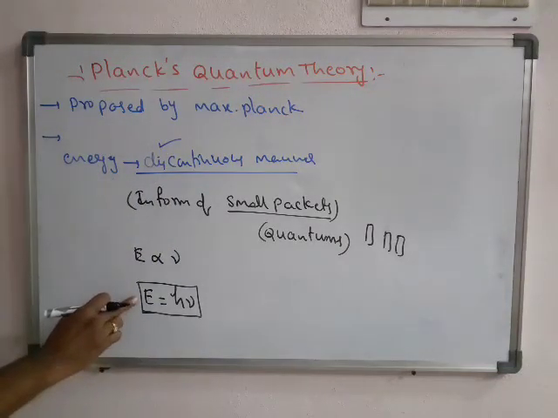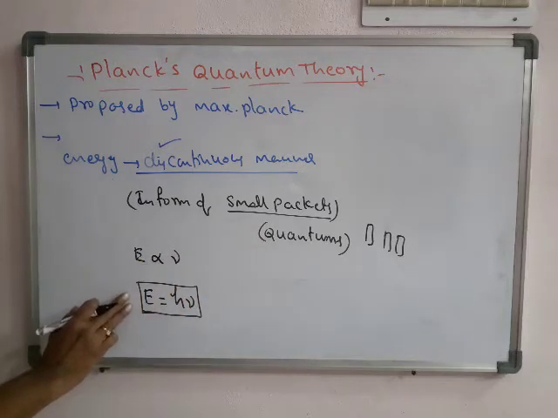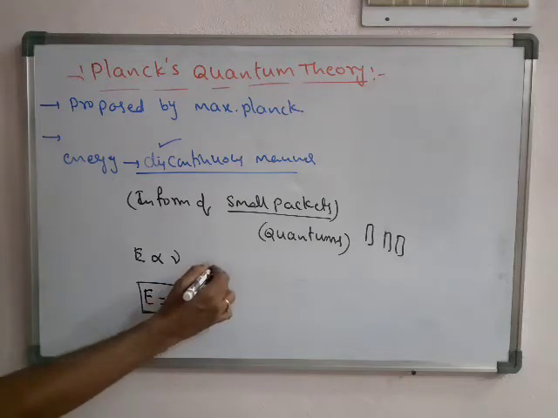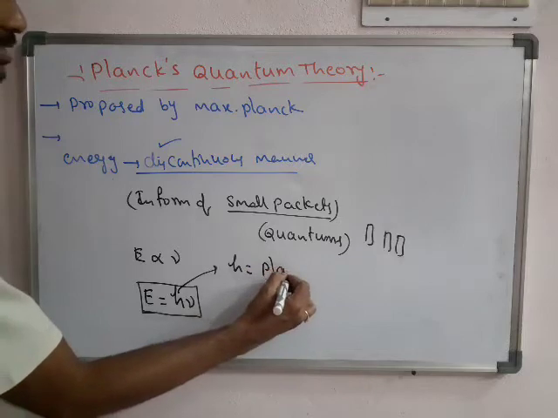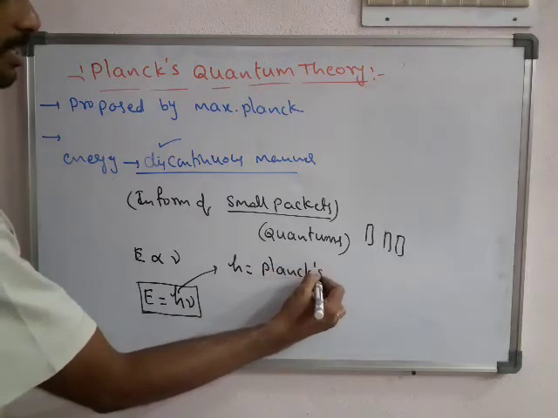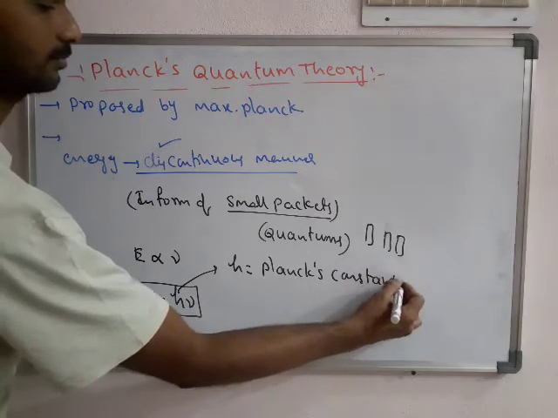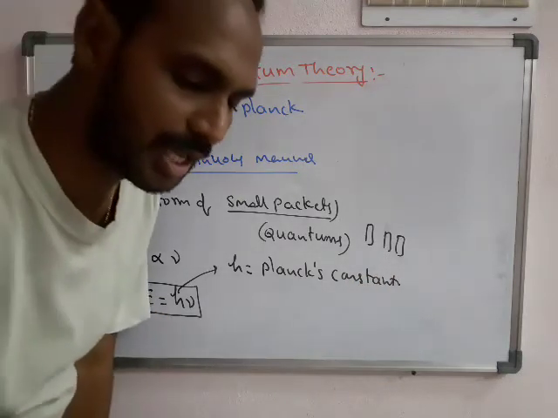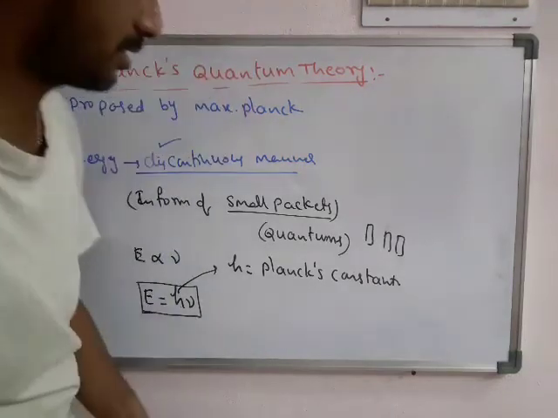Here E means the energy of the quantas, which is nothing but the energy of the radiations. Nu means the frequency of light. So what is h? Here h is known as Planck's constant. He also gave values for Planck's constant.